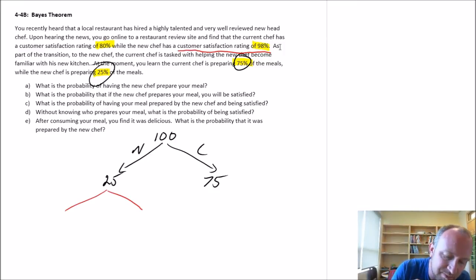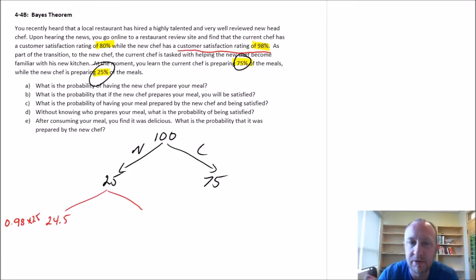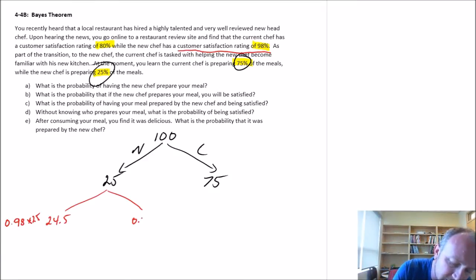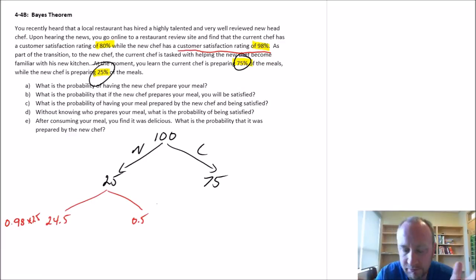So 98% of 25, that's 0.98 times 25, which is 24.5. So 24.5 of those meals are considered good, and the other half of a meal is bad, let's say.